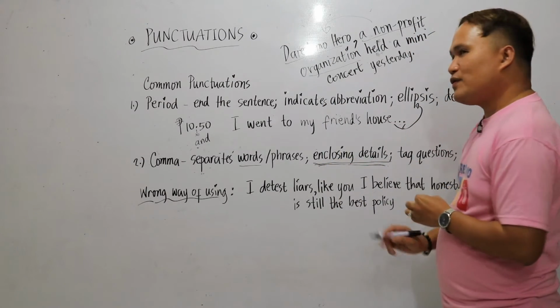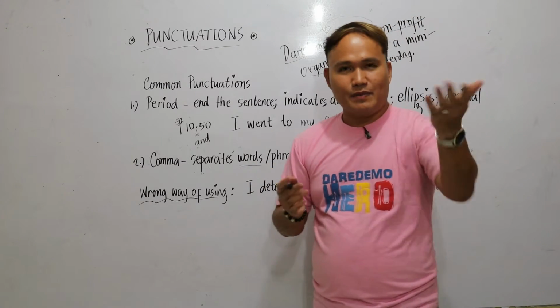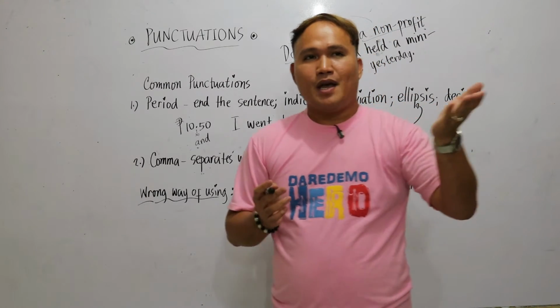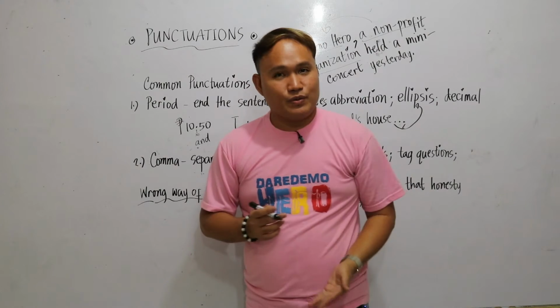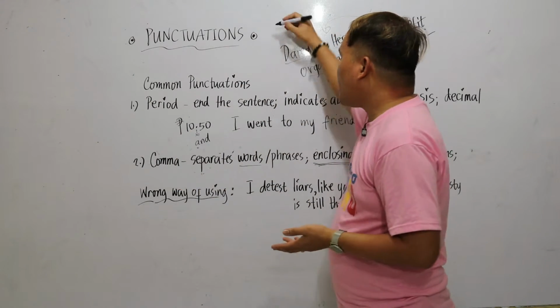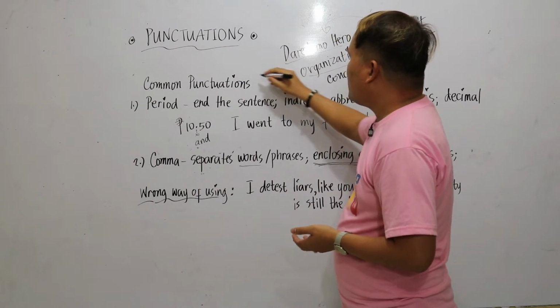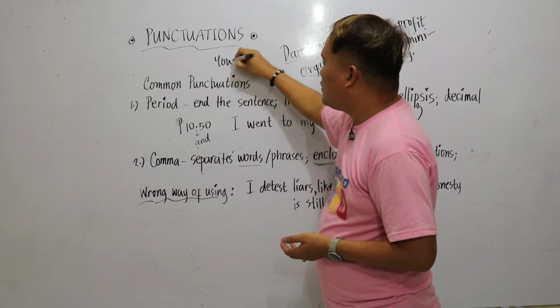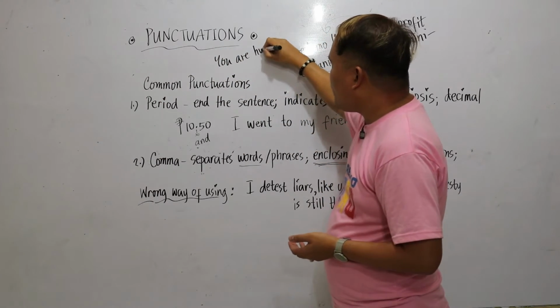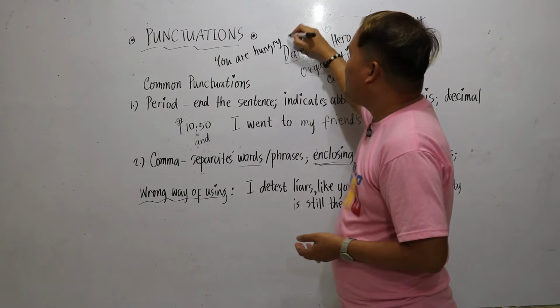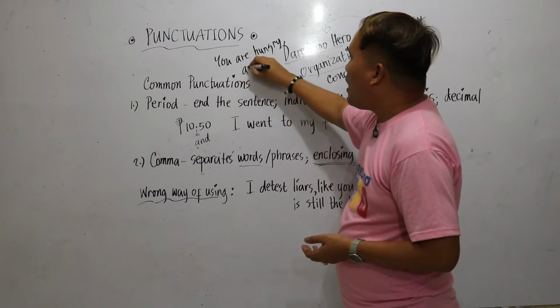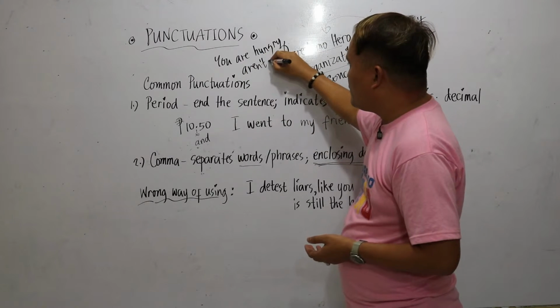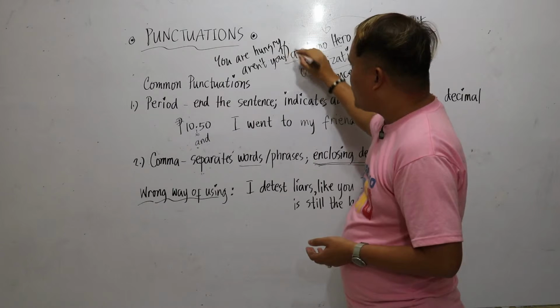For tag questions, of course, for example, tag questions, you can give me, tag questions like, you're hungry, aren't you? So you say, you are hungry. You have to put a comma. Aren't you? Of course, question mark.